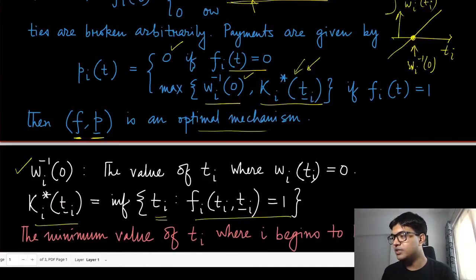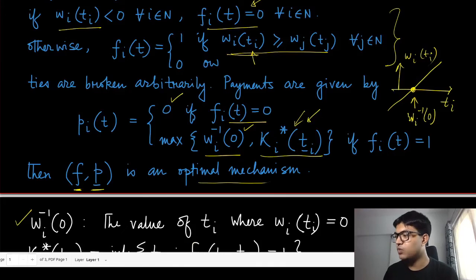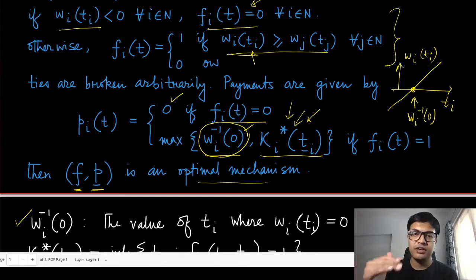In some sense, you can think of this quantity here as acting like a reserve price, so that you don't really ask this agent to just become the winner and take this away. The payment should not be exactly equal to the point where it starts becoming the winner. Rather, there is a kind of reserve price.